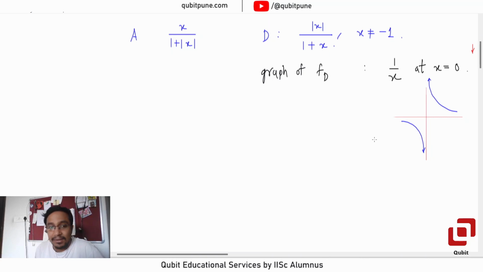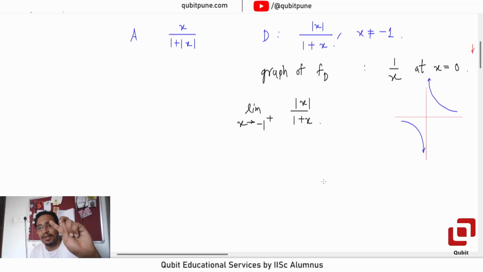Why is that? Look, it's a very simple question. Let's find the right-hand limit: suppose x tends to negative 1 from the right, mod x upon 1 plus x. Please observe this carefully. When x takes values close to -1, mod x is going to approach 1.